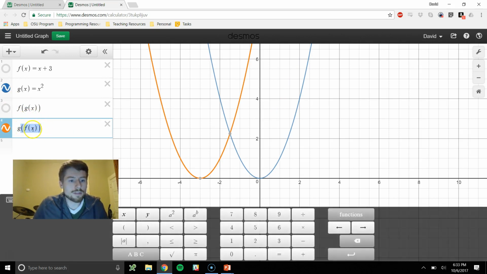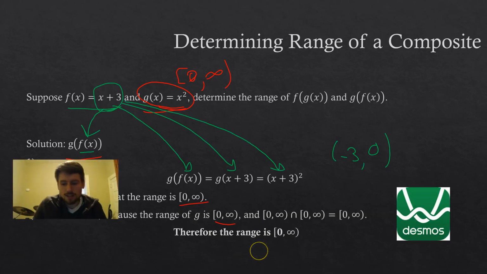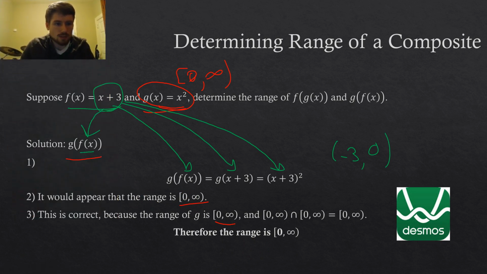No matter what f of x is, if you put it inside of g, you're never going to get something that's negative, because the last thing that g does is square things, and you always get a positive answer when you square something. Okay, alright, let's look at one last example and then we'll call it for this video.